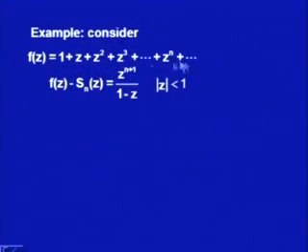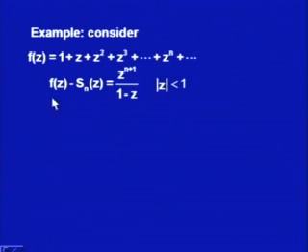Now, we consider this power series 1 + z + z^2 + z^3. This is a geometric series, and we know that the difference between f(z) and the partial sum s_n(z) is z^{n+1} over 1 - z, for |z| < 1.